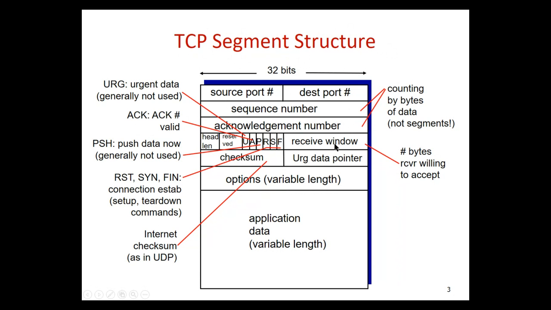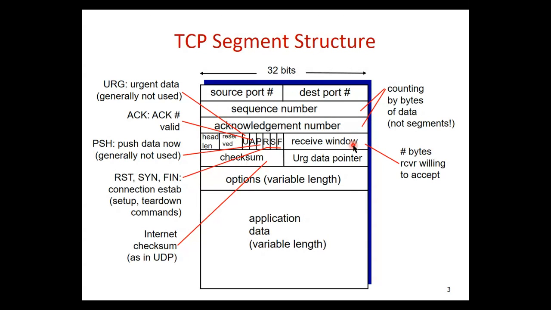The TCP receiver will populate this field with how many bytes it is willing to accept, how many bytes it has available in its buffer, and send it to the sender, right? Now if you look at this field, it is 16 bits. With 16 bits, what is the largest value you can encode? It's going to be 64K, right?